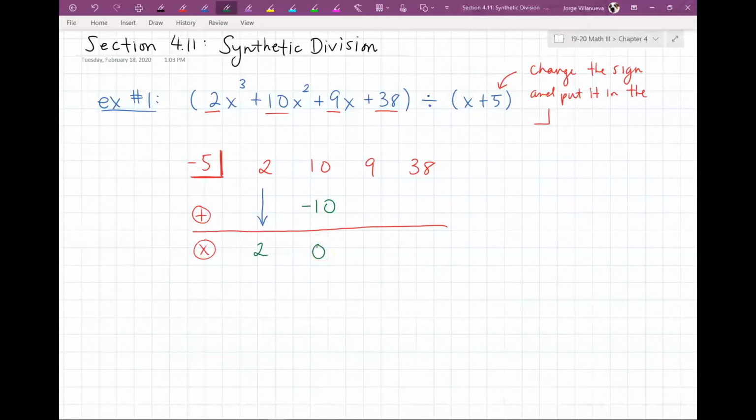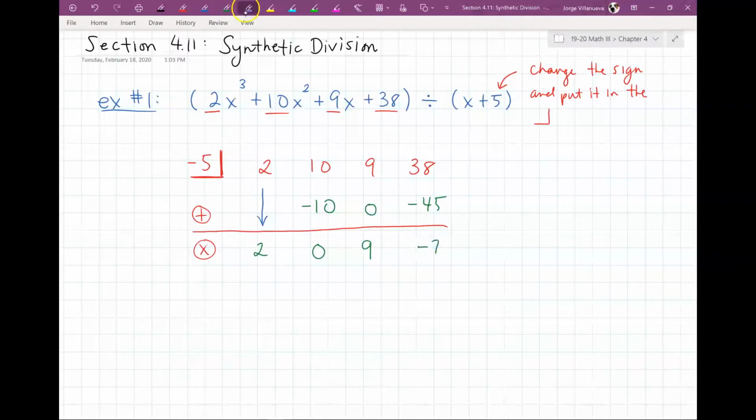Okay, now since the 0 is under the line, you multiply. -5 times 0 is 0. Now you're going to add 9 plus 0. That's 9. And now I get to multiply. -5 times 9, that's going to be -45. And now I add 38 plus -45 is a -7.